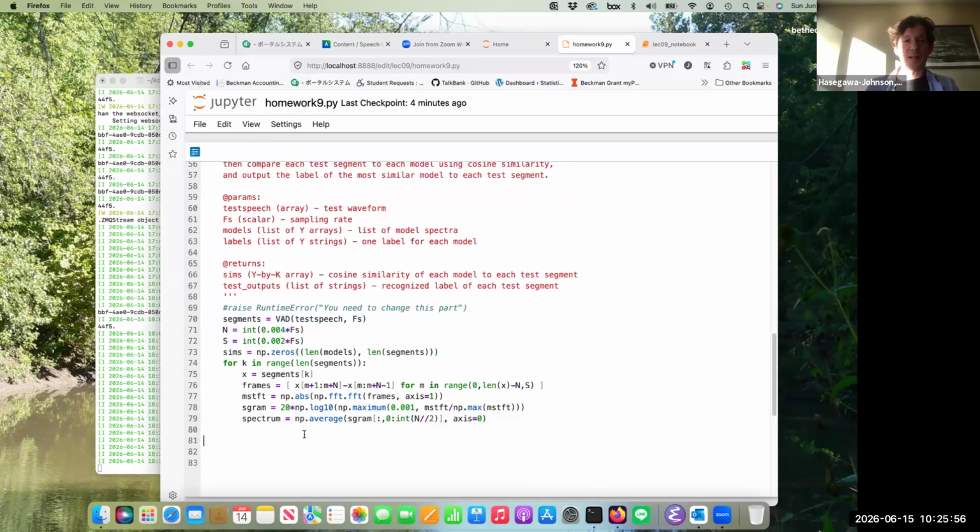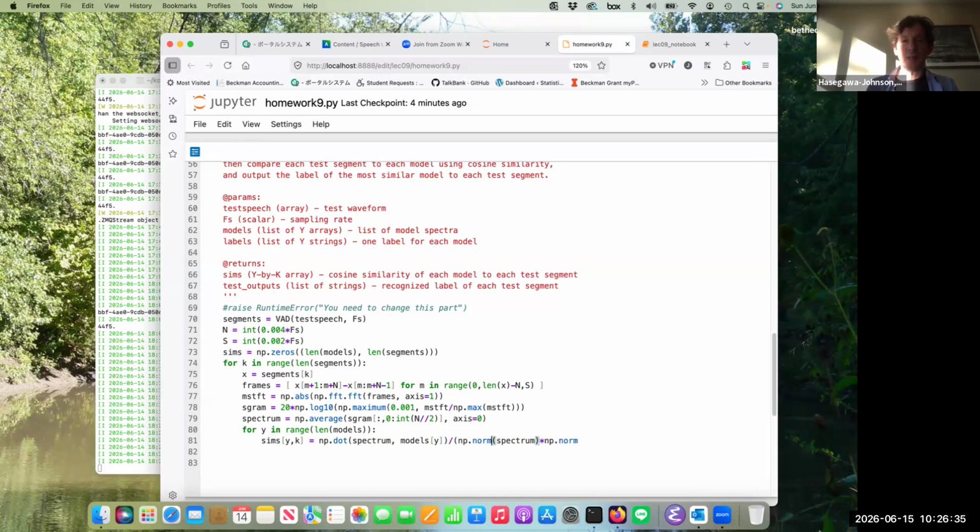And now I want to calculate, for each of the models, for y in the range of the length of the models, I want sims of y comma k to be the dot product between the spectrum and the model divided by the vector norm of the spectrum times the vector norm of the model.